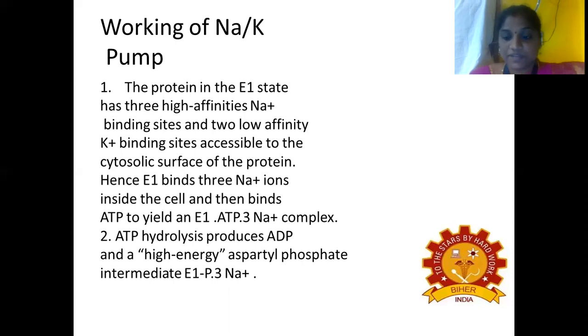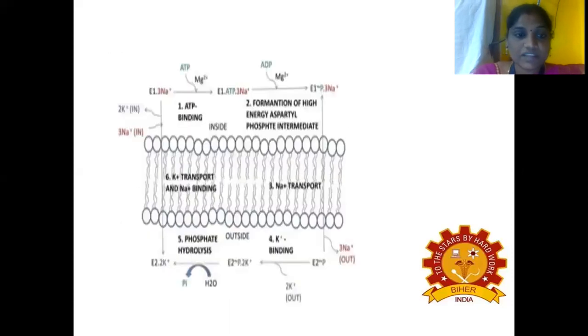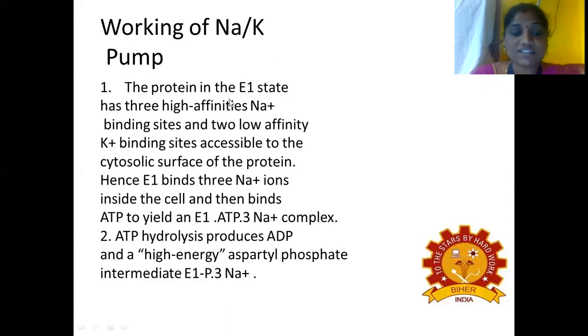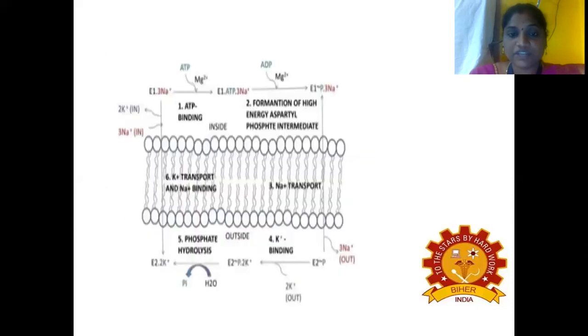This is the first step: ATP binding. The second step is that ATP hydrolysis produces ADP and a high energy aspartyl phosphate intermediate, the formation of which occurs here.